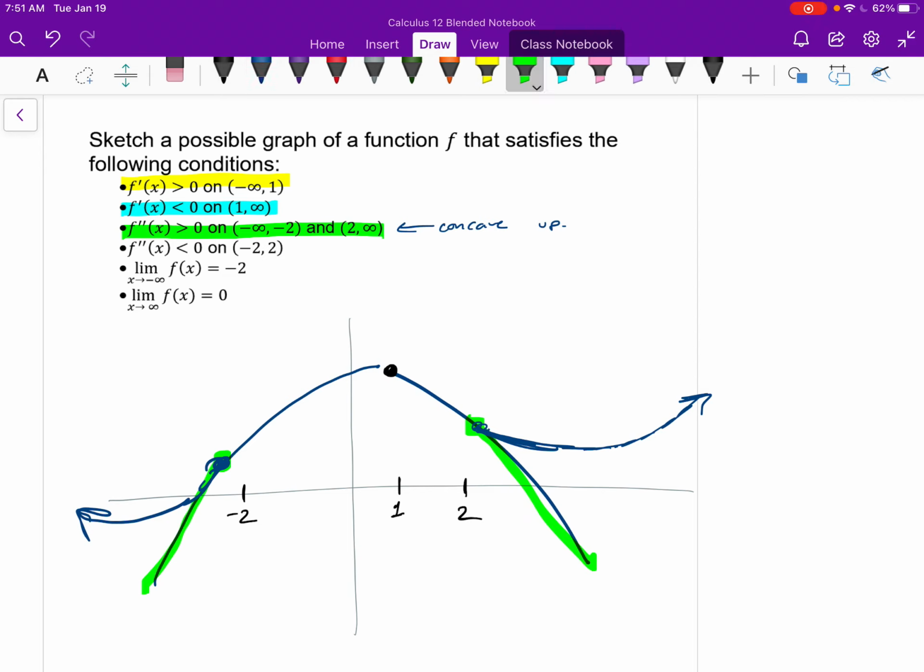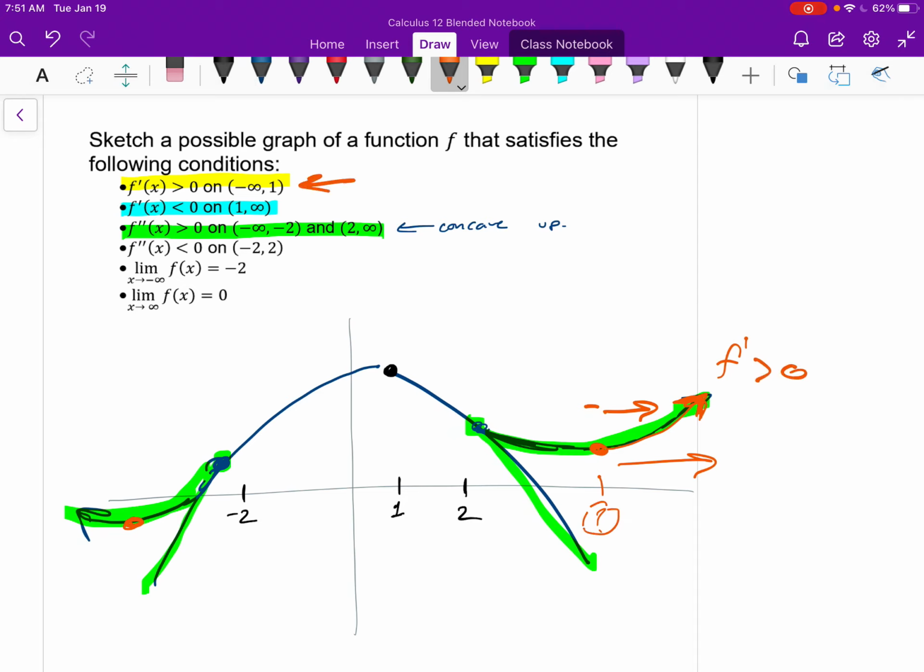Although this region here is concave up, and this region here is concave up, the problem with what I've drawn is I've just drawn more critical points. And that means right here, my function is increasing again. Wherever I drew that critical point, to the right of it, my function is definitely increasing. If my function is increasing there, that means the first derivative must be positive after this mysterious point. But we know that's not the case.